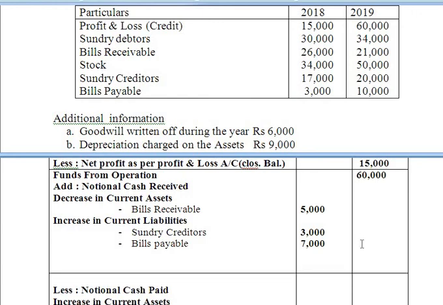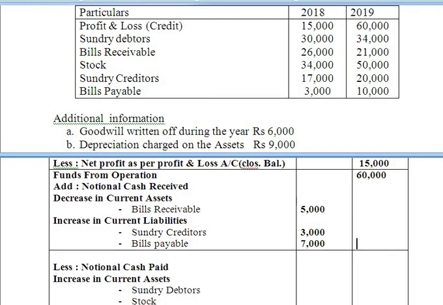So right here 15,000, and add this 15,000 to 60,000. So 15,000 plus 60,000 is 75,000.